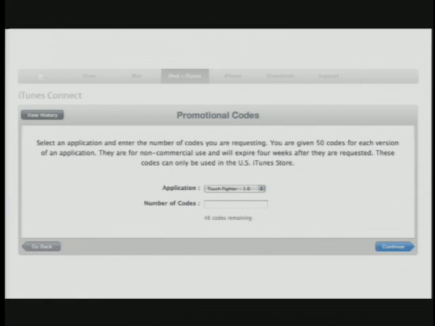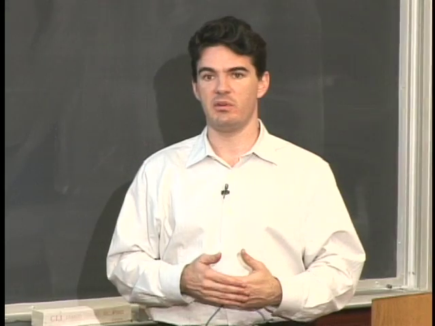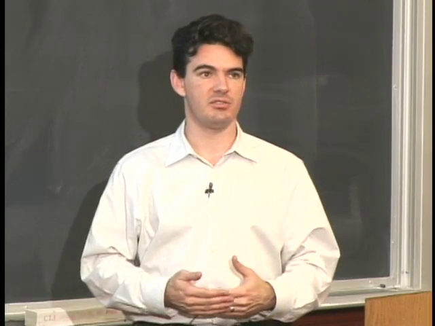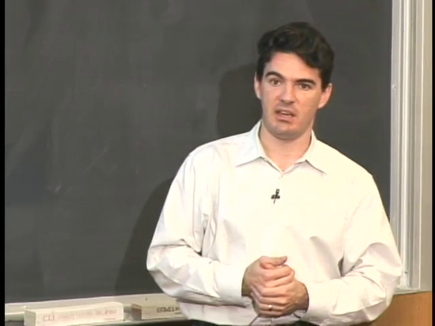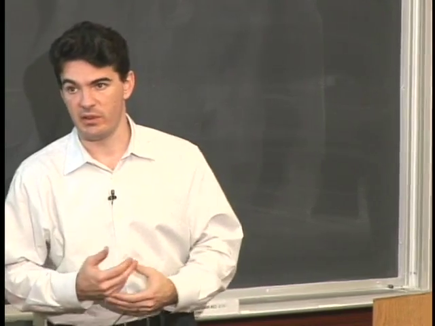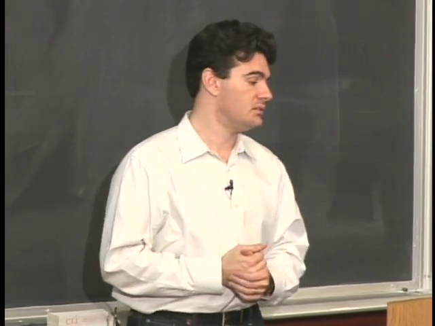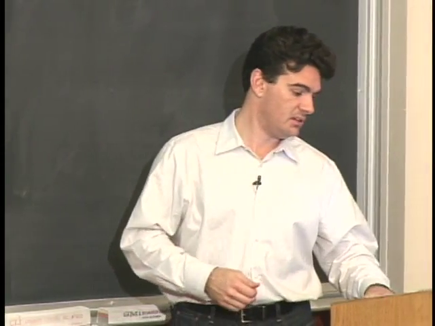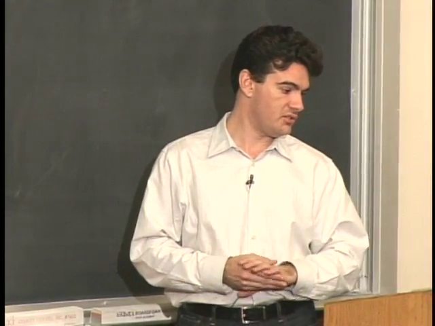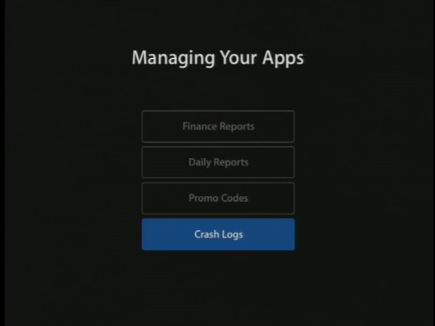So for instance, if your application was approved with an availability date of, say, September 1, and you're in the middle of August, you could go in and generate promotional codes and distribute them ahead of time for review purposes before the application is actually posted on the store. So it's kind of a good tool.